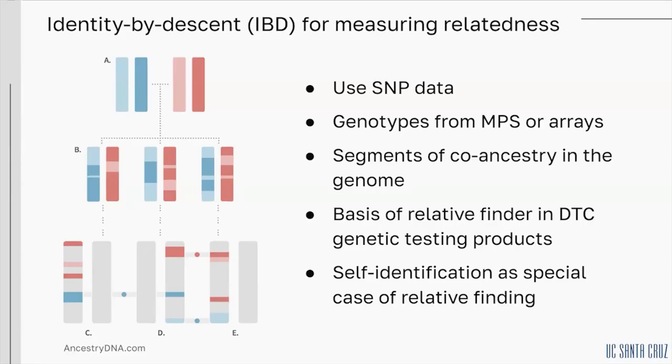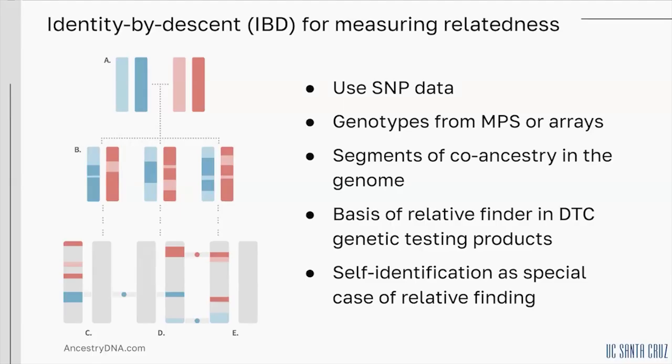These regions are known as being identical by descent, or IBD. Because recombination over generations can break up IBD regions into smaller segments, people who are closely related will share longer stretches of identical by descent DNA. And in contrast, more distant relatives will share shorter IBD segments.